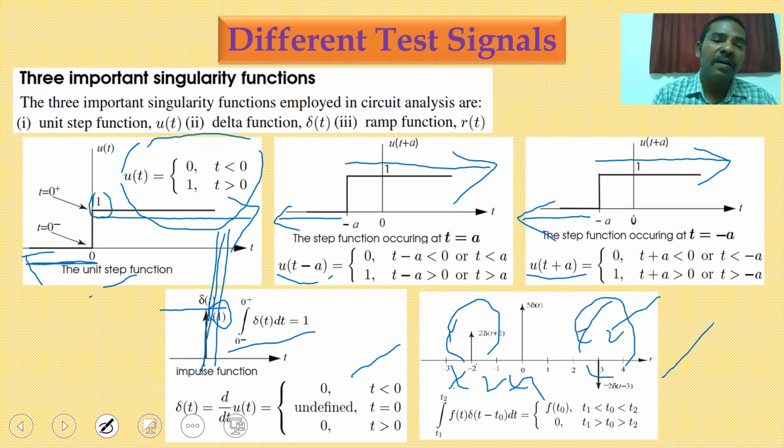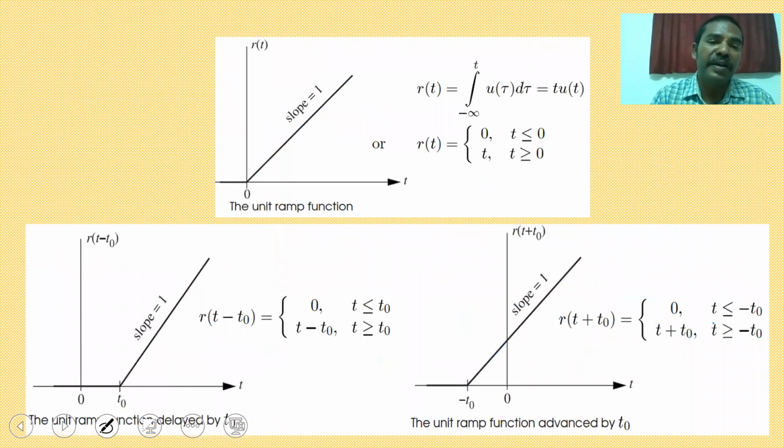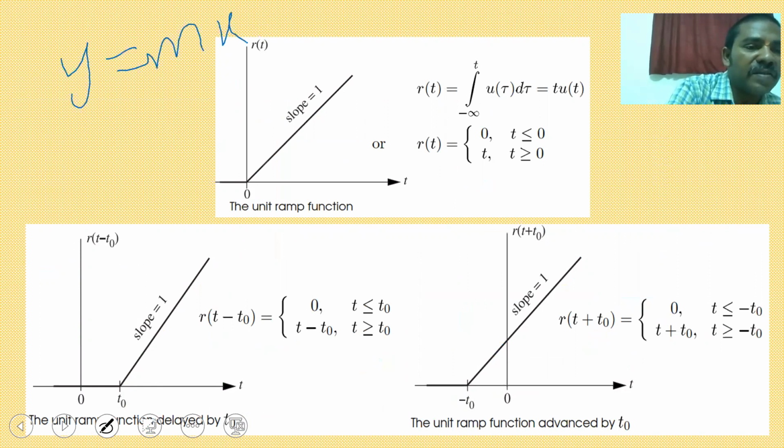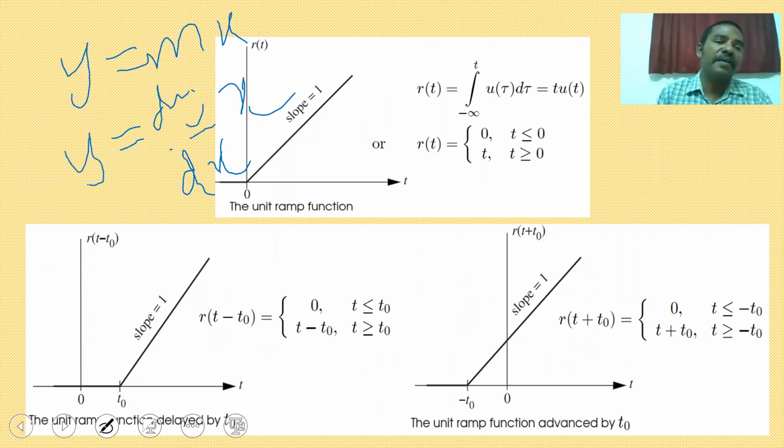Similarly, the last test function is the ramp signal. Here I have taken a unit ramp. A ramp means a straight line passing through the origin. How can you write it? y is equal to mx, where dy by dx is the m value and x is the variable.